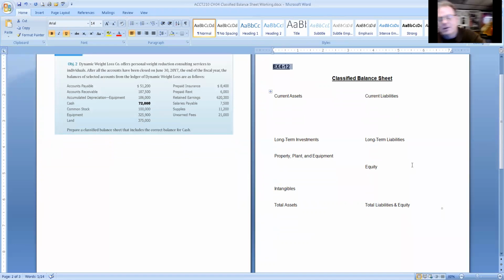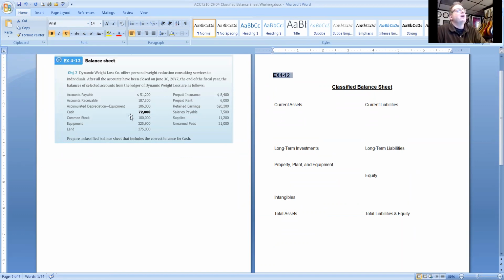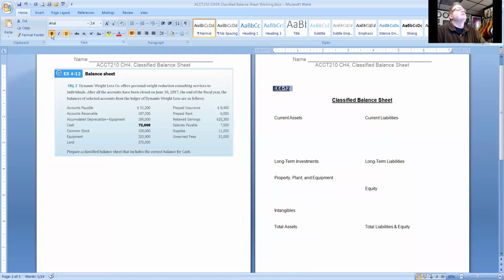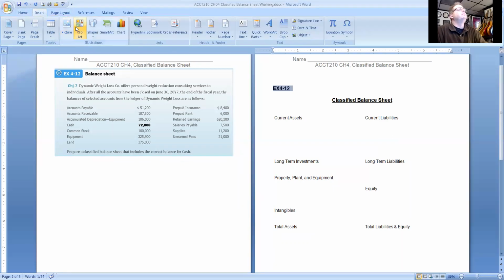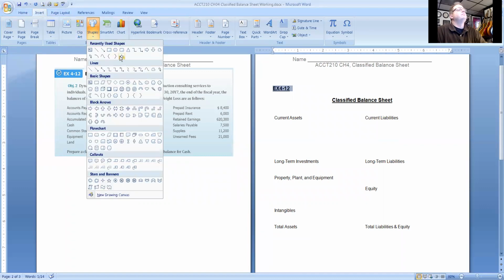All right, so let's go ahead and I know I'm going to insert my star here. Or I could insert a cube.